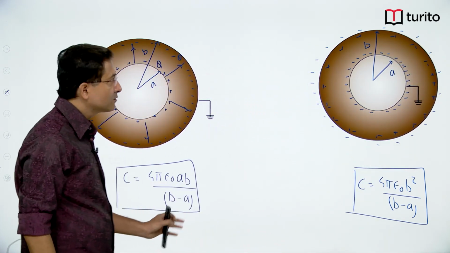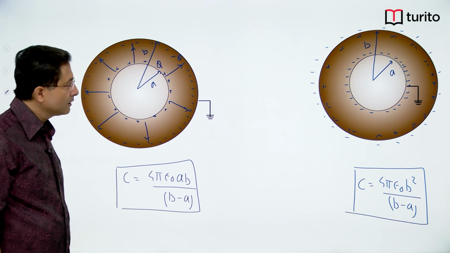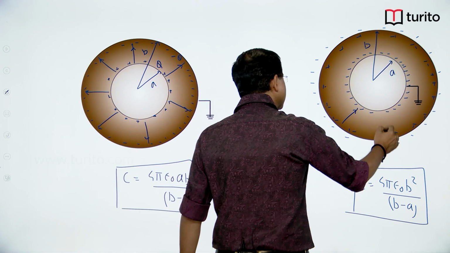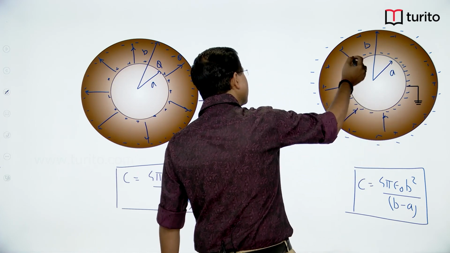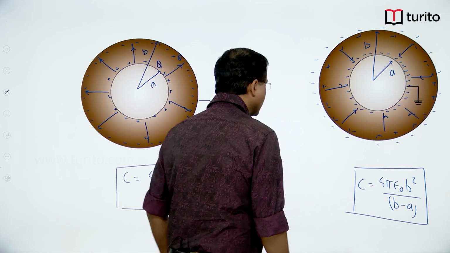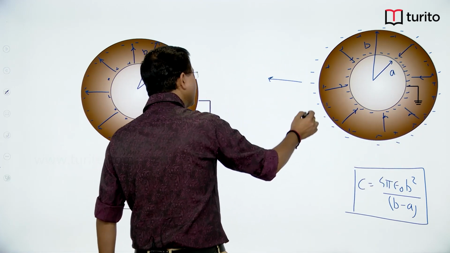So, something like this we got there, and if I draw the field pattern from positive to negative, lines will be like this inside, and outside it will be radially outward, right.